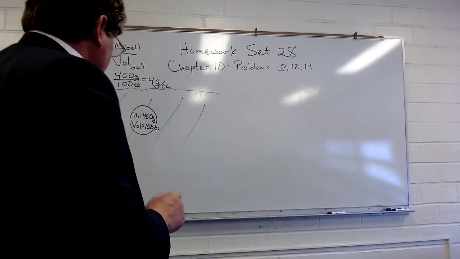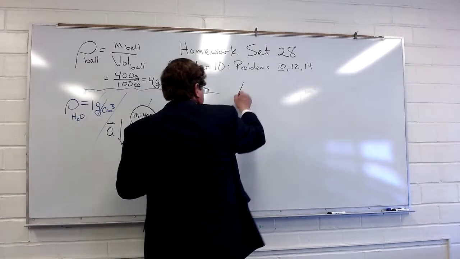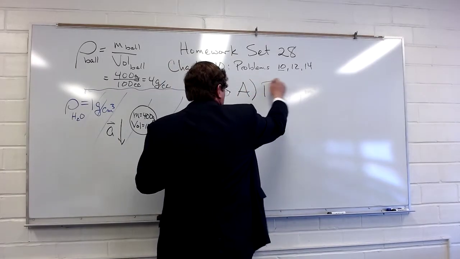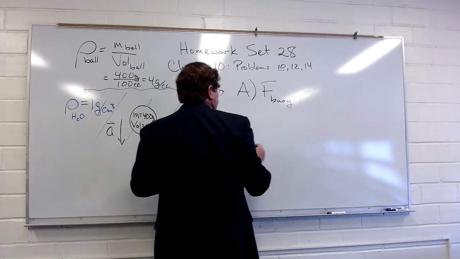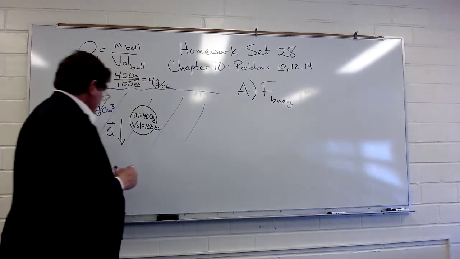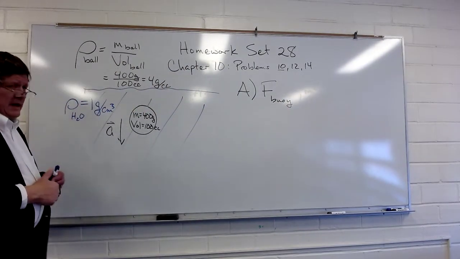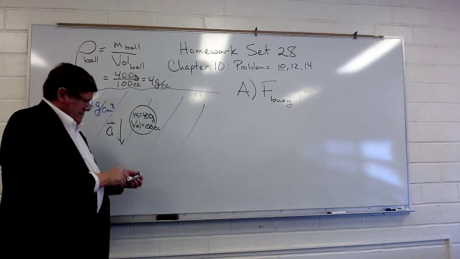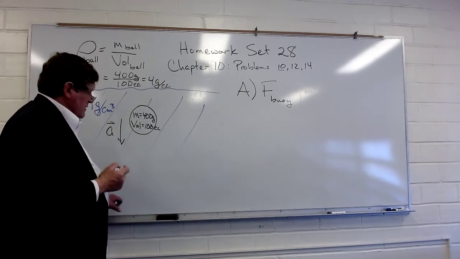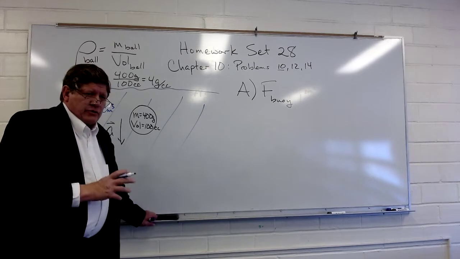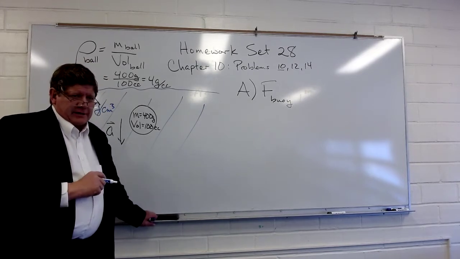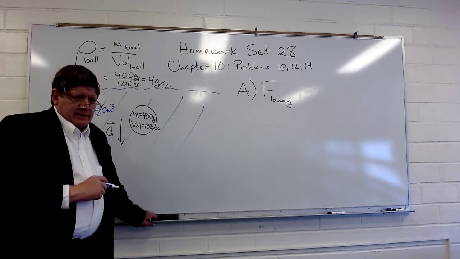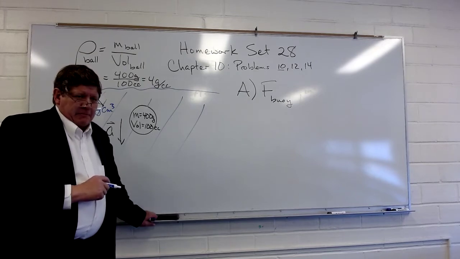Now, the first part of this problem asks us to find the buoyant force. And there's more than one way to spell buoyant, I assure you. But Archimedes taught us that the buoyant force is equal to the weight of the fluid displaced by the object. Now let's parse that. What does that mean?